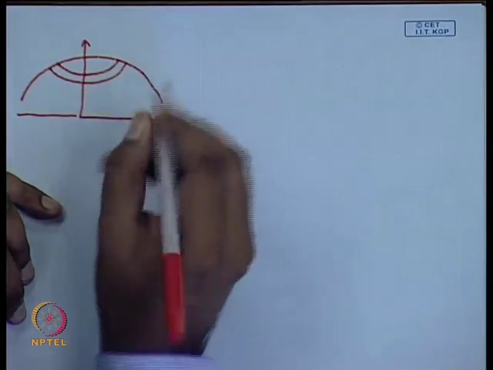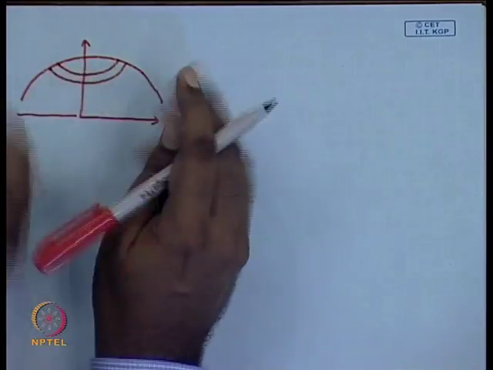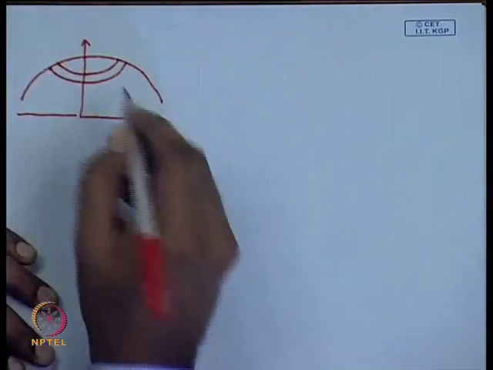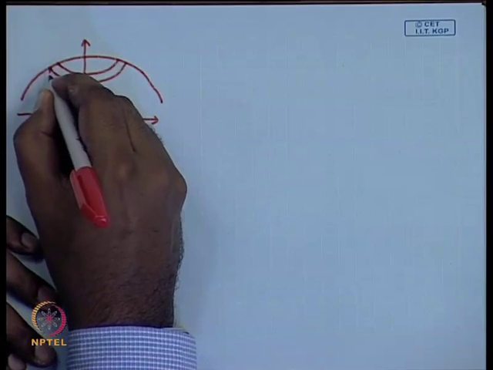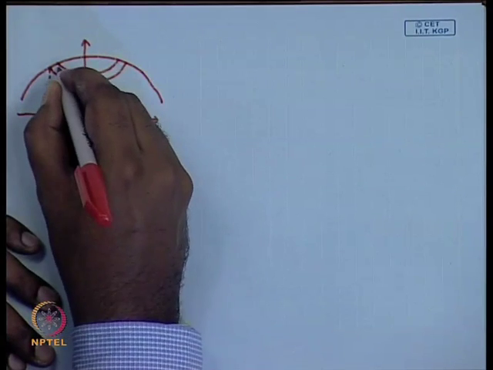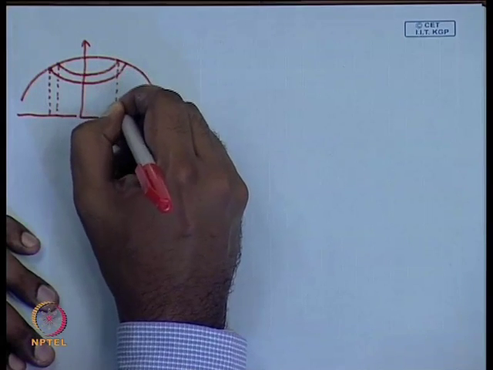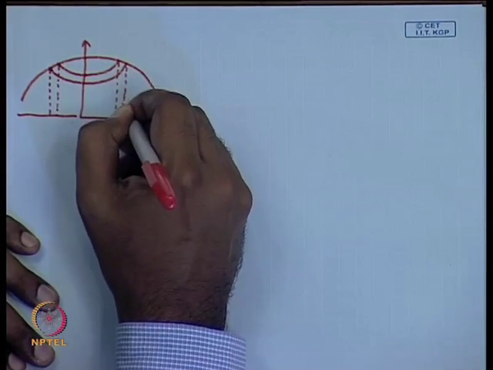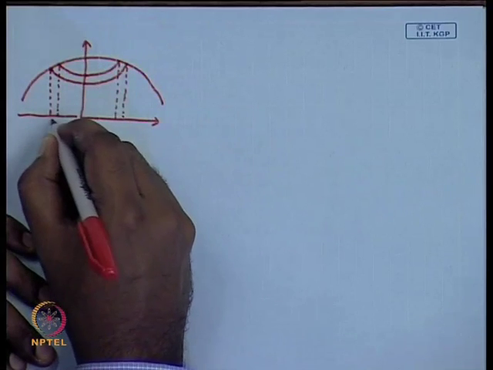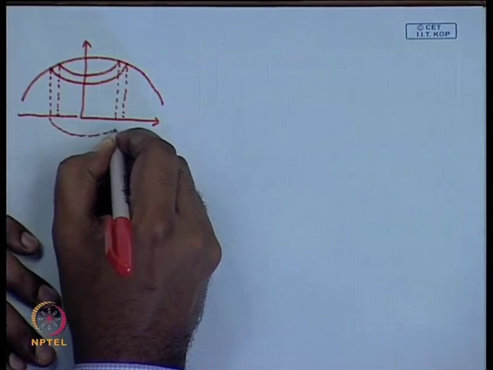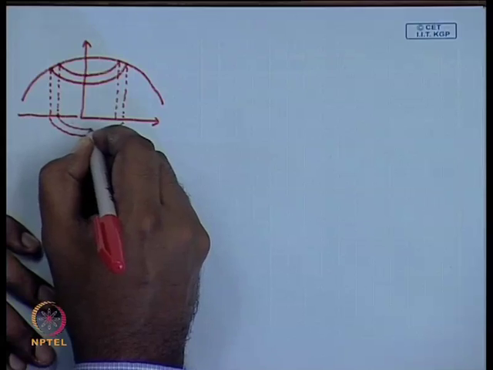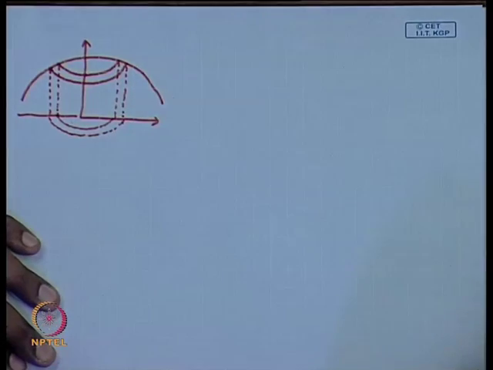So, what do you do about it? You want to get the full volume. So, let me show you how to pick up the incremental volume. This is the strip of area we have considered. Along with that, you can consider a volume element like this.